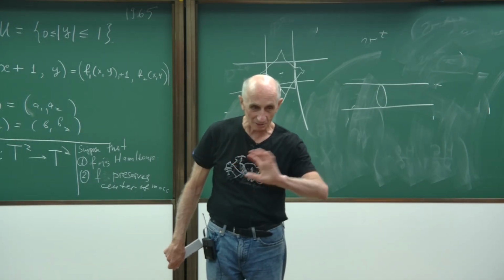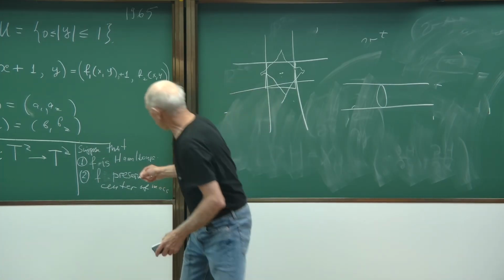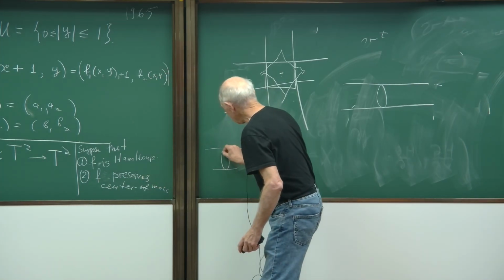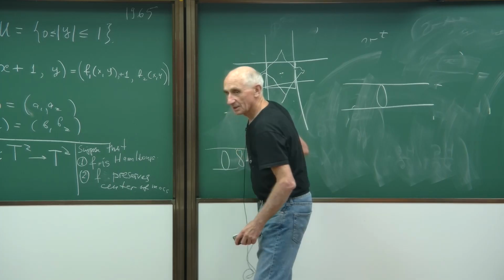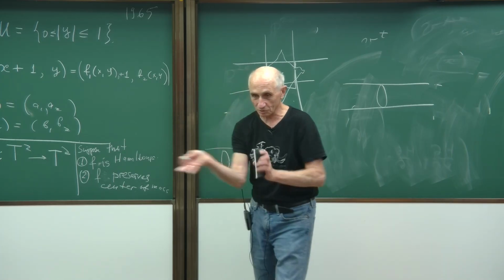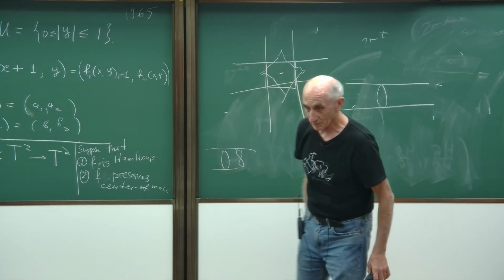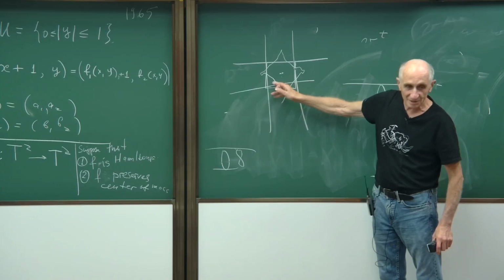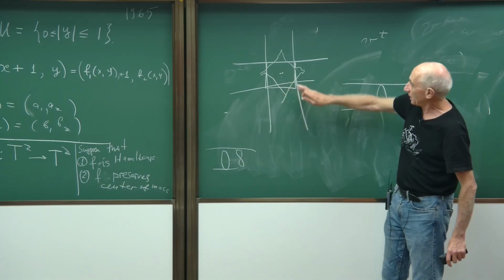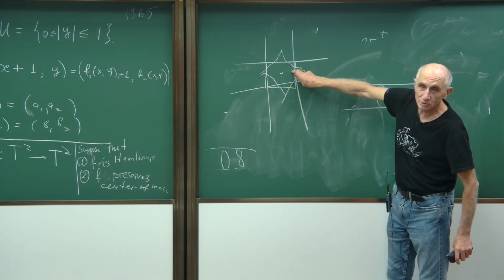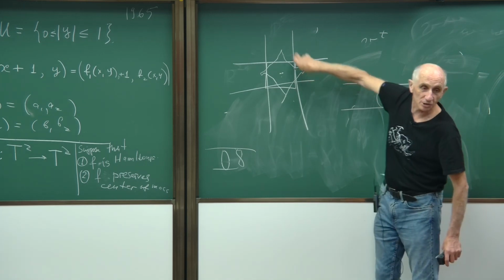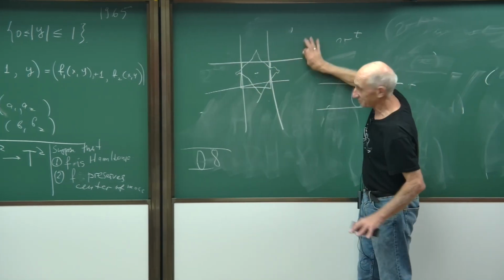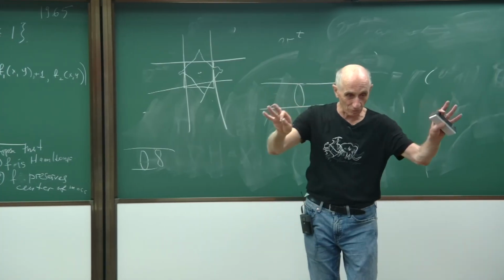That means that if I take every loop, it is mapped to some loop which can be deformed back. The choice of the fundamental domain is not unique, so this is independent of the choice of a fundamental domain. But of course, when it's said preserved, it's preserved up to the action of a translation, because the choice of covering map is only determined up to this.